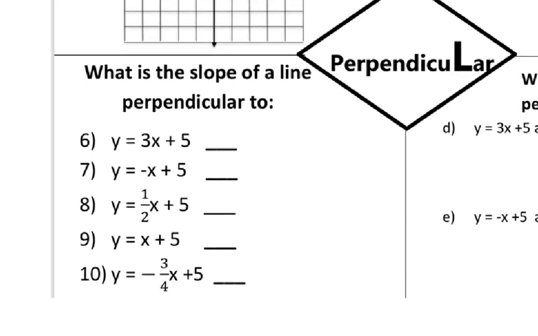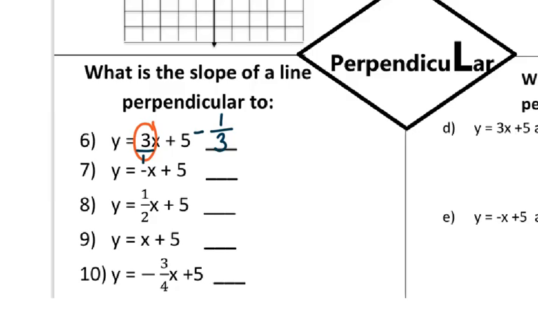So let's get our perpendicular slopes from these lines. So in this one, the slope was 3. Remember, 3 is the same as 3 over 1. So the slope perpendicular is a flip and change. So flip would make it 1 over 3. Change, it was positive, so now it has to be negative. Perpendicular is a flip and a change.